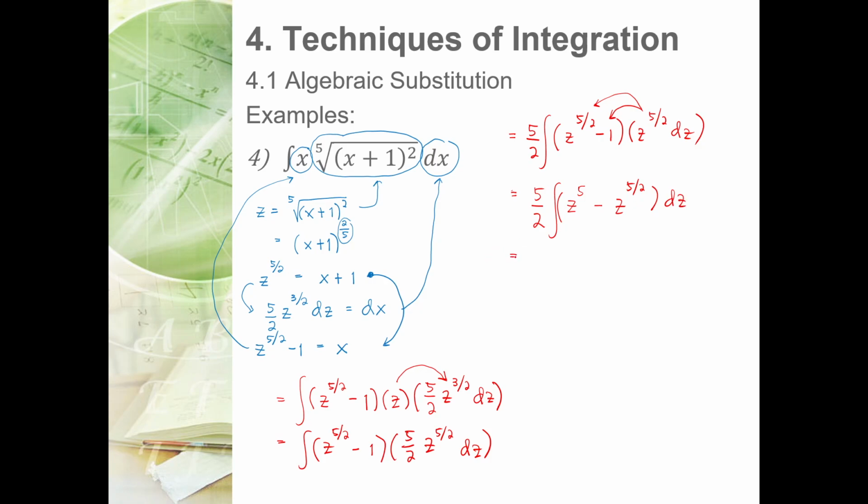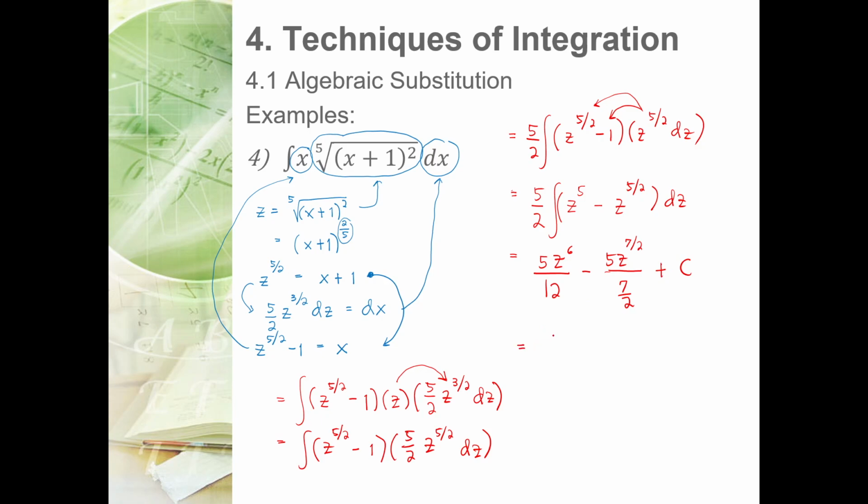So in integrating, I think it's simple now. So 5z to the 6th all over 12, right? 2 times 6, that's 12. And then this one is, I think, 5z to the power of 5 halves plus 1, so 7 halves, all over 7 halves, plus c.